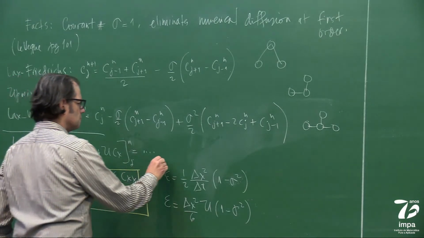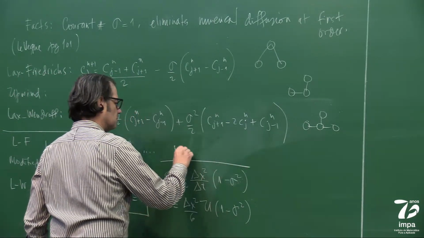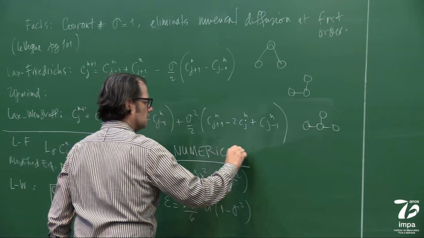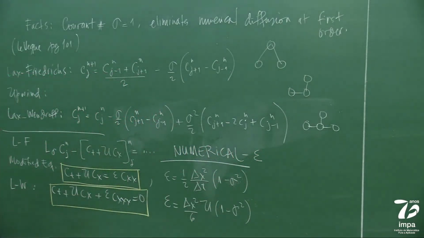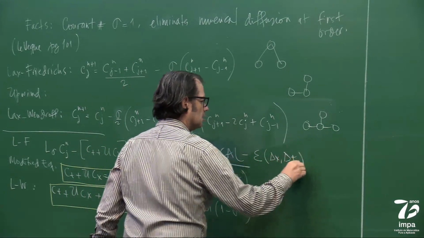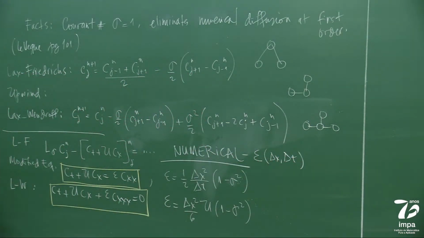So this parameter here, let me call it a numerical epsilon, because it's epsilon as a function of delta x and delta t. Now, what is the difference?